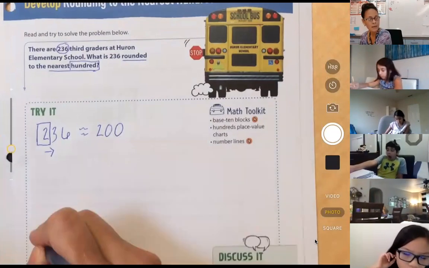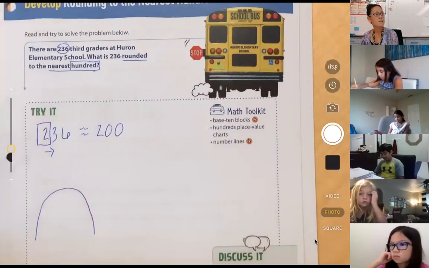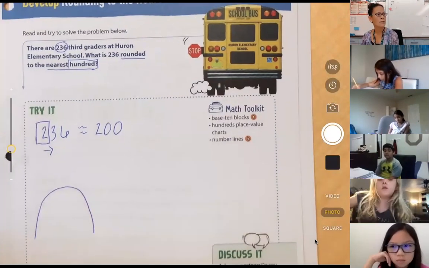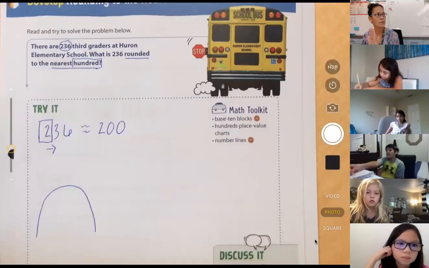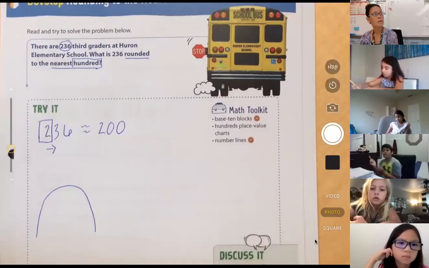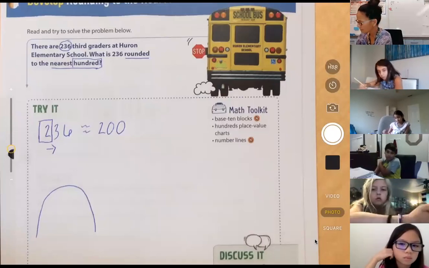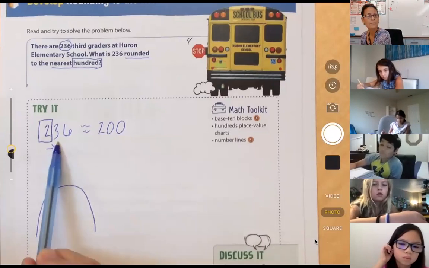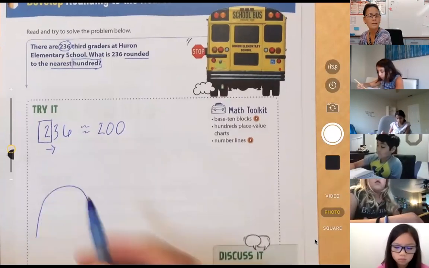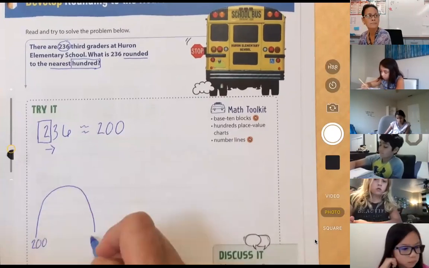And with that, we need to determine which 2 hundreds we're talking about, between which 2 hundreds. So we would know that 236 would be between 200 and 300, right? Like the beginning of our hill, the end of the hill.